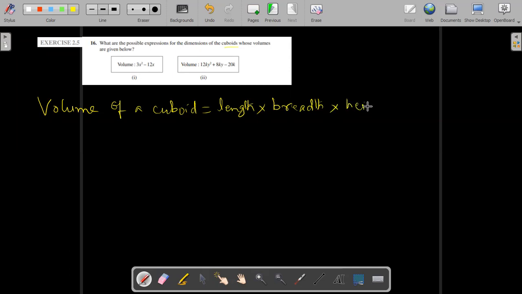So we have to find three factors. One will be length, another will be breadth, and the third will be height. Okay.